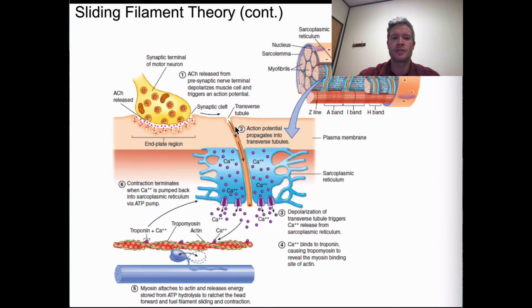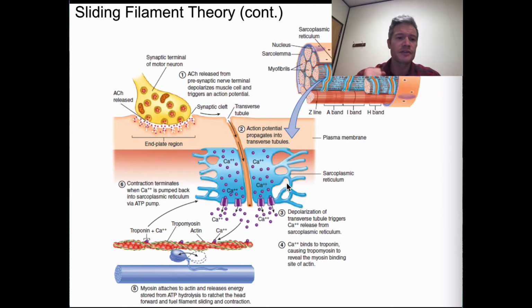That action potential continues down to the point where it reaches the sarcoplasmic reticulum, which is this blue stuff here. Again, that's the bag, or the sheath, the covering of these muscle fibers that holds calcium.